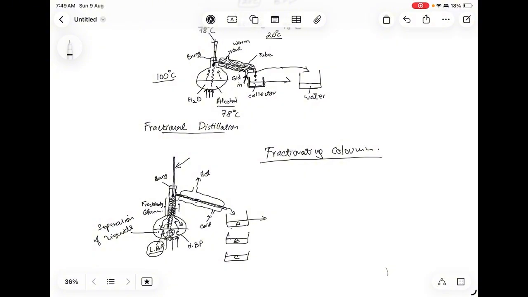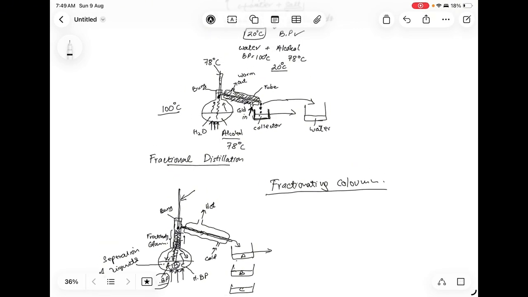Only those molecules can pass through, the others are left behind. While no such thing happens over here, you cannot be very sure that you have collected the exact molecules of one liquid. There is a possibility that a very small quantity of alcohol is also present in this water, and water also present in alcohol.